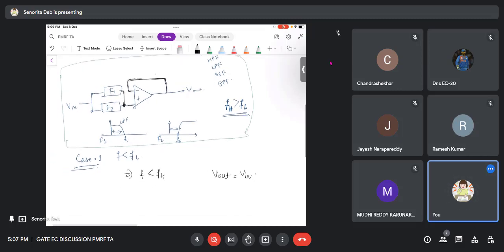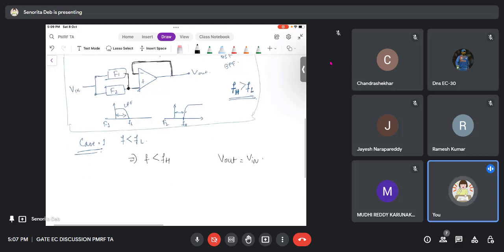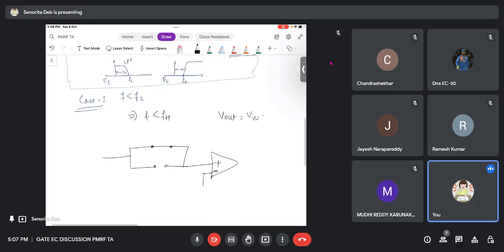So now if F is less than FL, that means F is less than FH, and since F1 is a low pass filter, it will be passing the input. But F2 will block. So F1 will be a short circuit, but F2 will be an open circuit because it is falling in its attenuation range, and it is going to plus, and minus is connected like this.